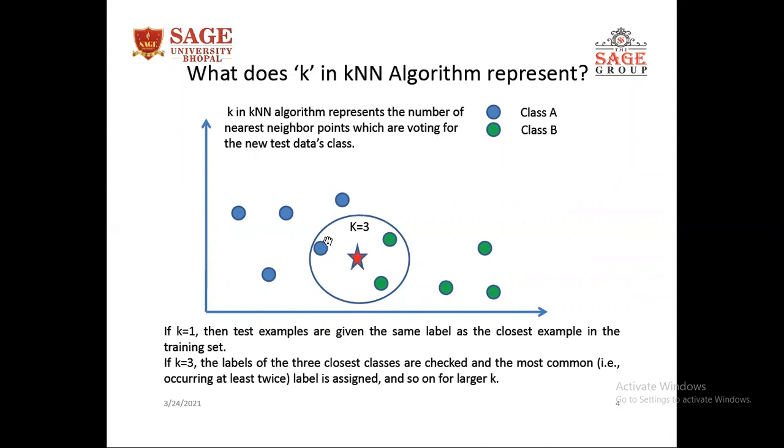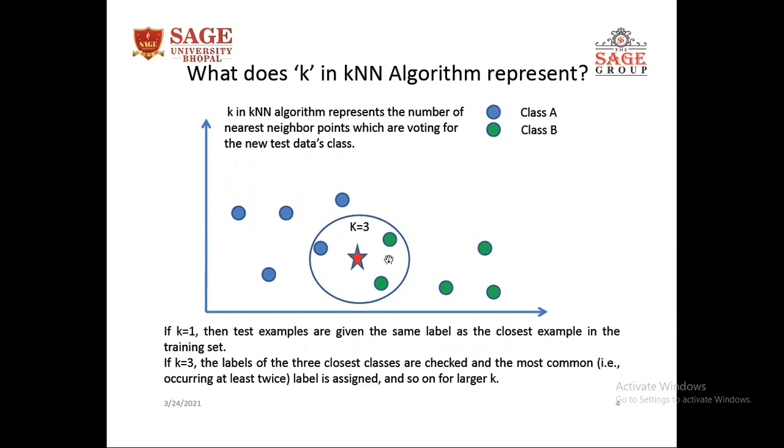So in this case, you have three nearest data points when you are selecting the value of k equal to 3. So the distance is calculated between the star and this data point, star and this data point, star and this data point. As you have selected k equal to 3, you have to take at least two votes from the data points.